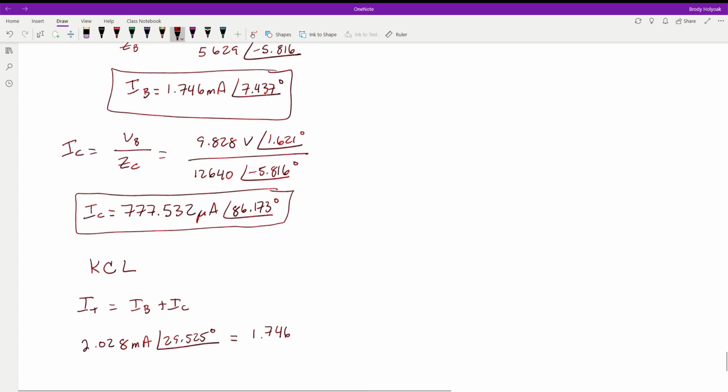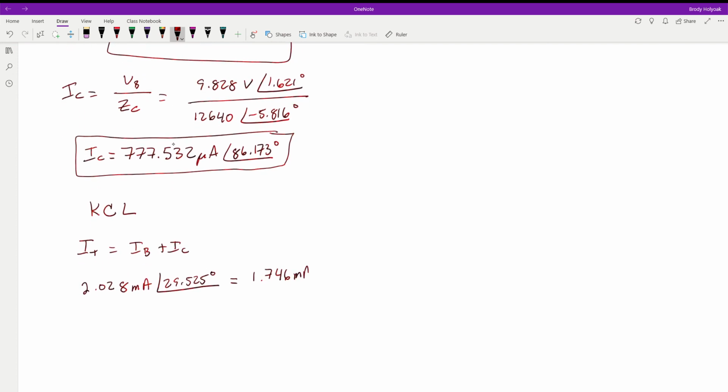1.746 milliamps at an angle of 7.437 degrees, added to 777.532 microamps at an angle of 86.173 degrees.